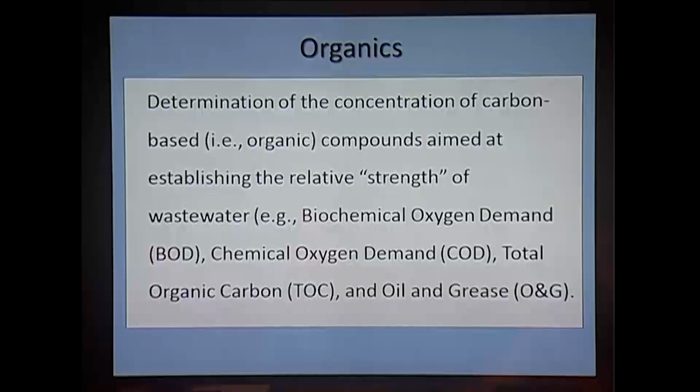Now let us begin with the fourth category, that is organics. Organics takes into account the determination of the concentration of carbon-based compounds, which ultimately establishes the strength of the wastewater, whether this wastewater could be purified, can go in for primary or can go in for secondary treatment.